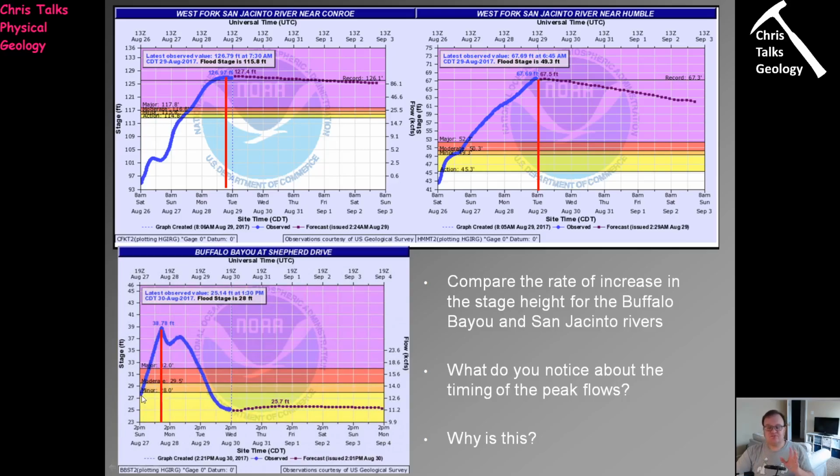And that's simply because the hurricane was moving northeastward. So it started on the west side of Houston, essentially started flooding on the Monday, and then didn't make it to the eastern side of Houston until the Tuesday. So what we're seeing there is the steady migration of the hurricane across Houston.